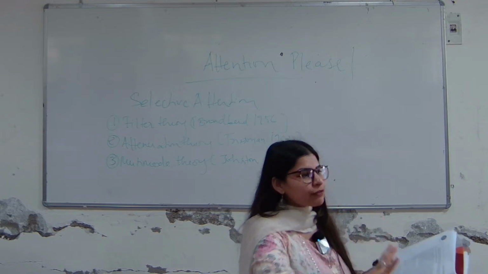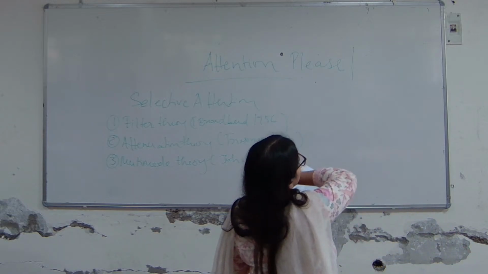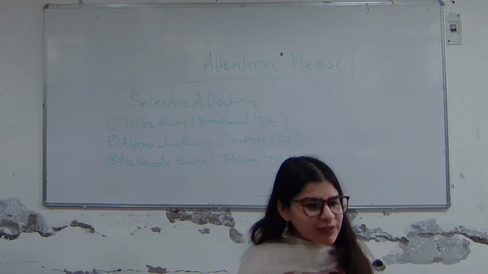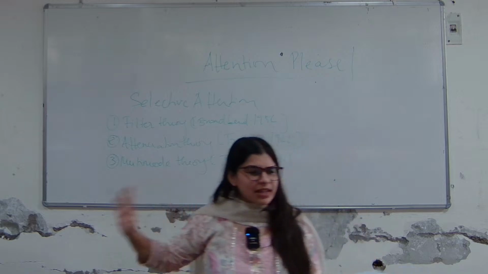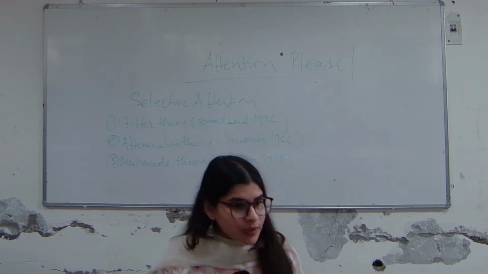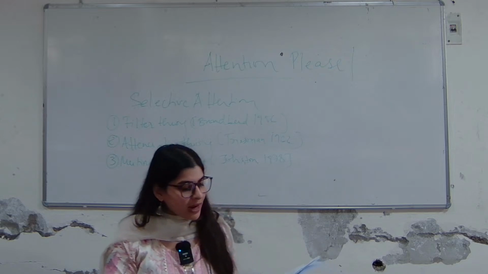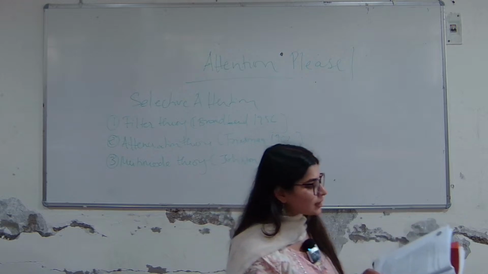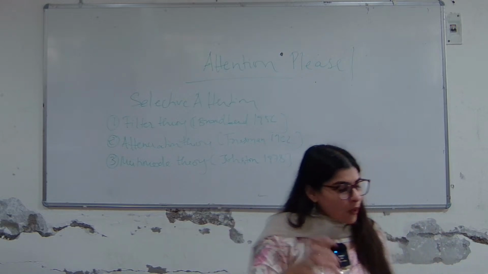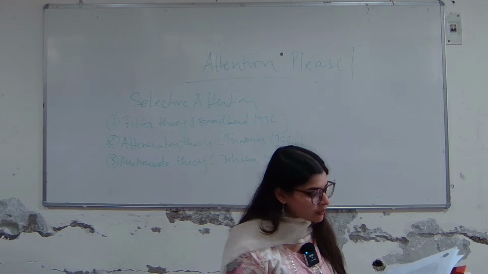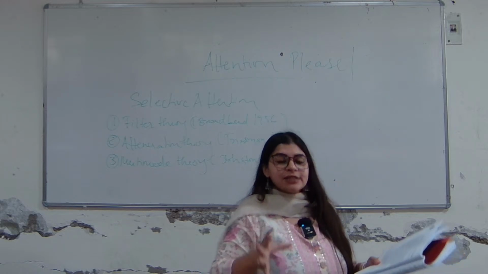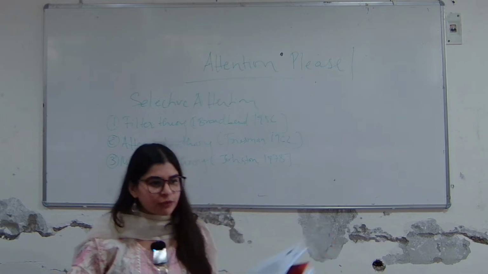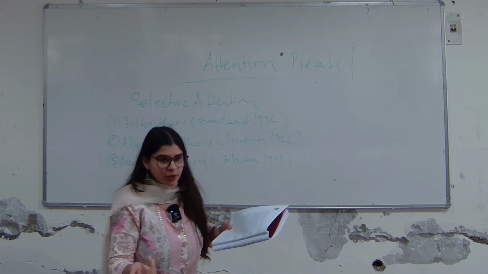If I have shown big colorful slides, your attention will go more. If it's black colored slides, you will not pay as much attention. So how large the object is, how bright it is, if it is moving, all these catch our attention in our environment. Hence, we have more selective attention to those stimuli. However, if it is static, not colorful, very small, it will not get a lot of attention.